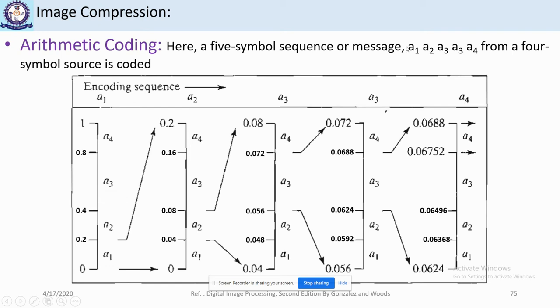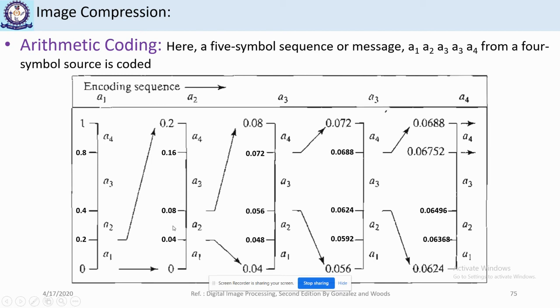Now we look at the message. In the message we have the first symbol A1, so the range of A1, that is 0 to 0.2, will be scaled to the full height, and then this range will be further divided in accordance with the probability of occurrence of these symbols. Again it will be divided into four subranges, and the size of each will depend on the probability of occurrence of each symbol.